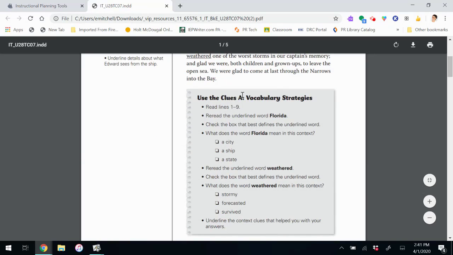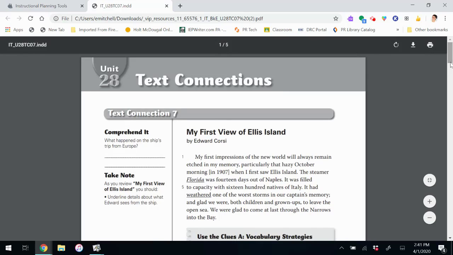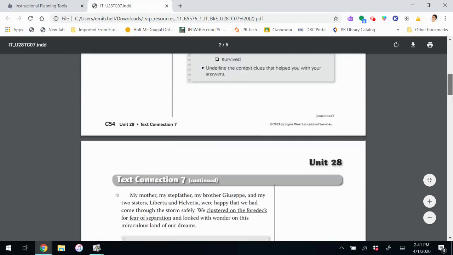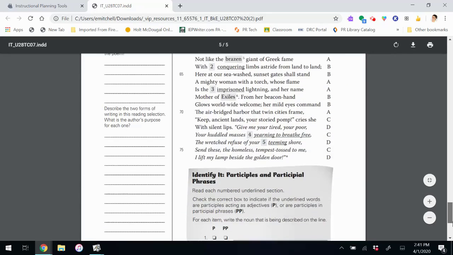We've already done several of these activities in here. Today, you are going to reread this selection independently. Then you will answer the comprehension questions in the margin. Answer everything over here. Also, do the take note section. Go through all 5 pages, and when you're done, you can turn that in to me.